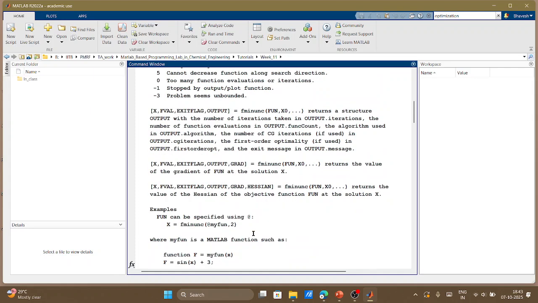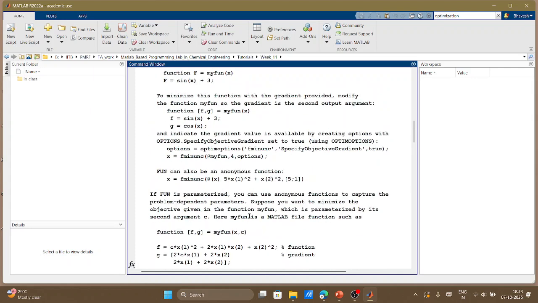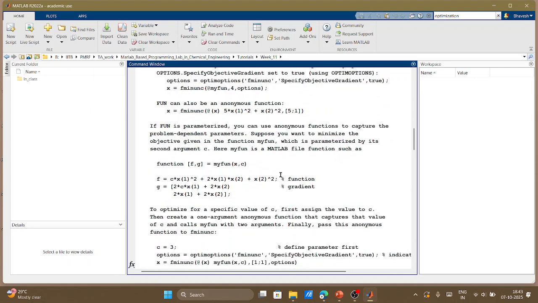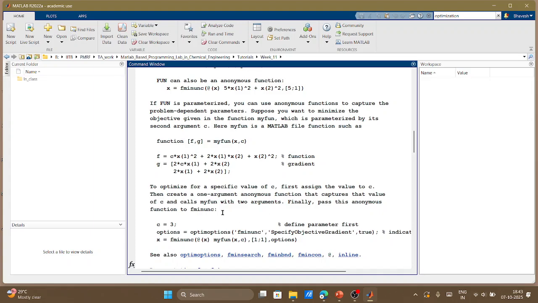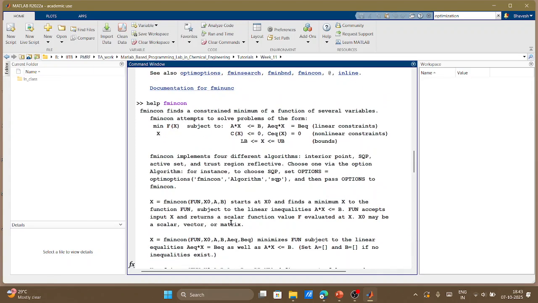So it's in a way unconstrained optimization, right? You are not providing the constraint part here. But let's say if you have a constraint, then you have to use fmincon, which finds a constrained minimum of a multivariable function. So fmincon is again multivariable optimization, but here you also provide the constraint.